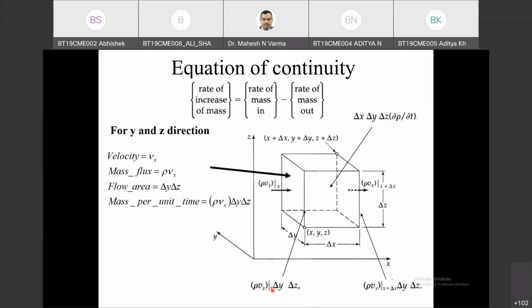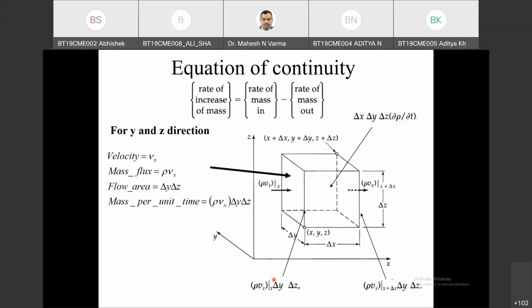Similarly, you will get the rate of mass coming in the y direction, and the rate of mass coming in the z direction. And this will be the rate of mass going out in the x direction. Similarly, you will get the rate of mass going out in the y direction, and the rate of mass going out in the z direction. So substitute everything first of all and write the equation. This is the equation of continuity.